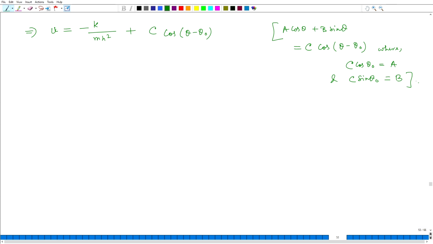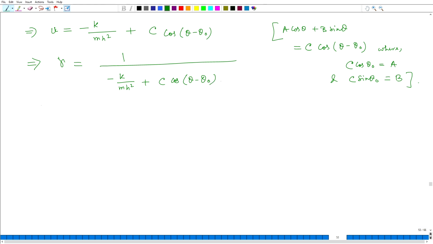This is not a very difficult thing. So, in this way you can write this, and then since u is nothing but 1 over r, r is nothing but 1 by the whole factor: minus k by m h square plus c cos theta minus theta 0.